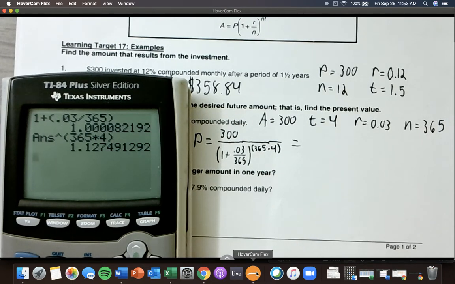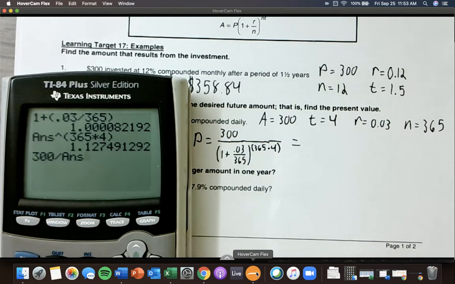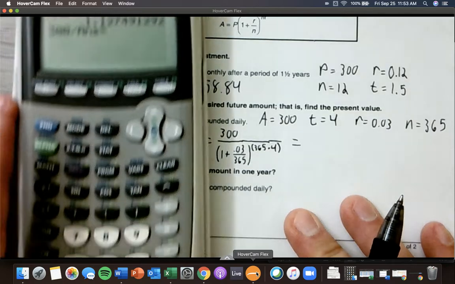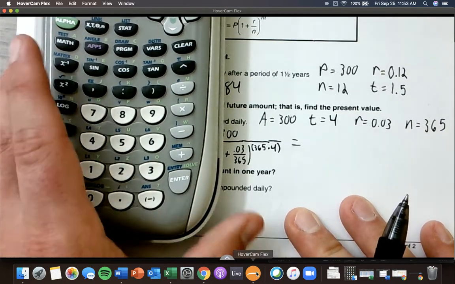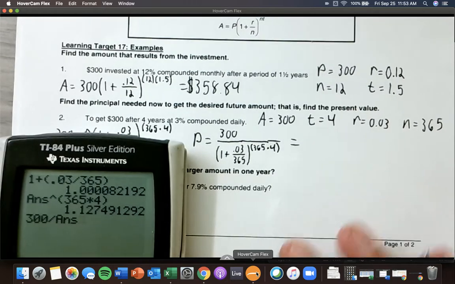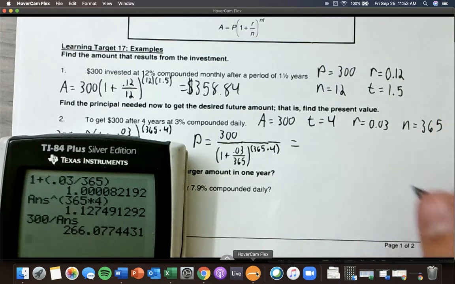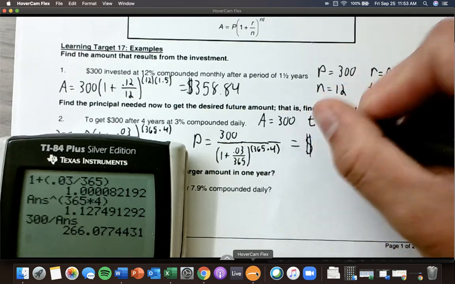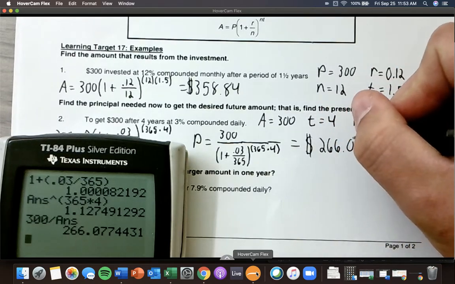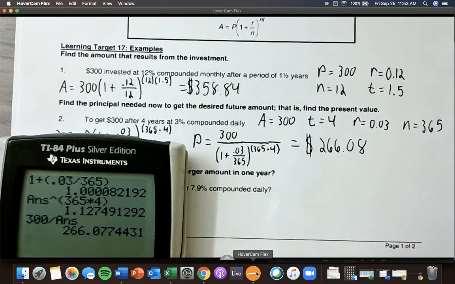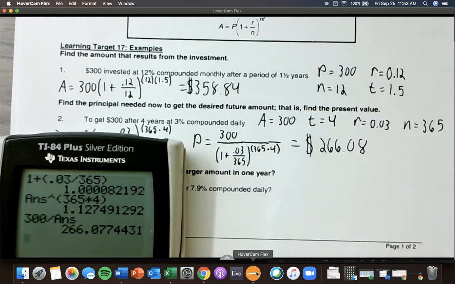And then what we're going to do is 300 divided by our answer, which to get answer, you just hit second and then the negative sign at the bottom. And when we do that, we get that our principal would have to be 266.08. Remember, when we're dealing with money, we always round to the hundredths.